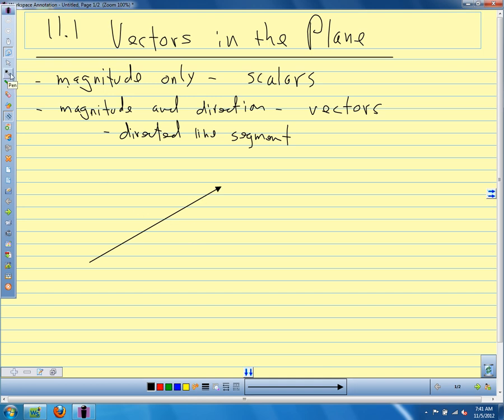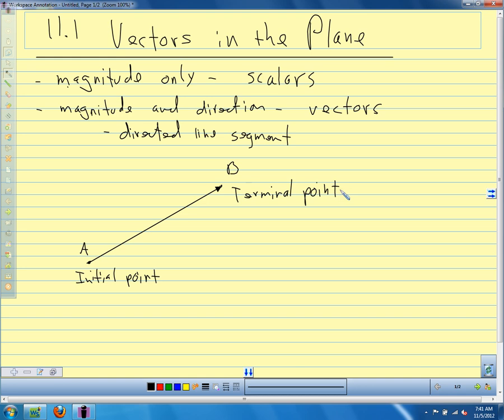If this is our vector, we call that point A the initial point, and B is the terminal point. Any directed segment with the same magnitude and direction is equivalent, so as long as it has the same magnitude and direction, we consider those vectors equivalent.